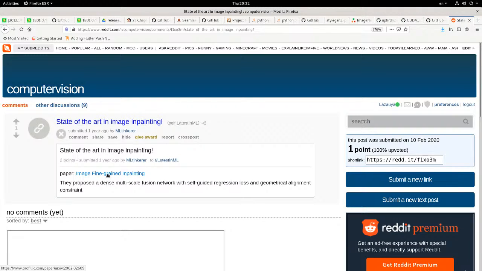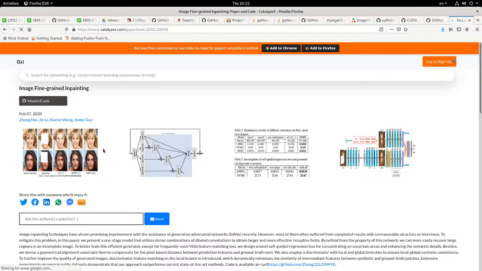Is this really the state of the art in image in-painting?